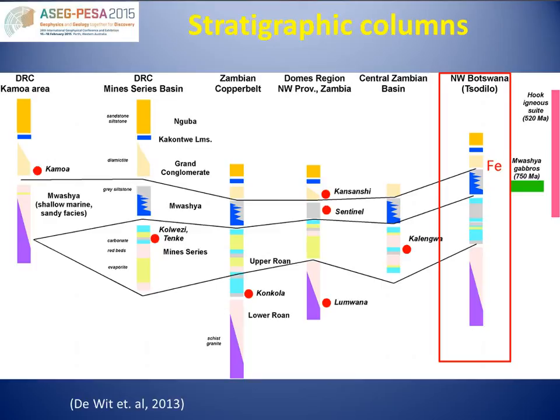And if you follow this across all the way from the DRC, through the Domes region of central Zambia, and we come out in Botswana, we've got a lot more ironstone associated with the graphitic shales, or the black shales, but they are there indeed. So we believe it's a correlative, we're not 100% sure, but we believe it's a correlative of the Mwashia shale that we're interested in. And we're going to be interested in where the shale lies close to the basement.